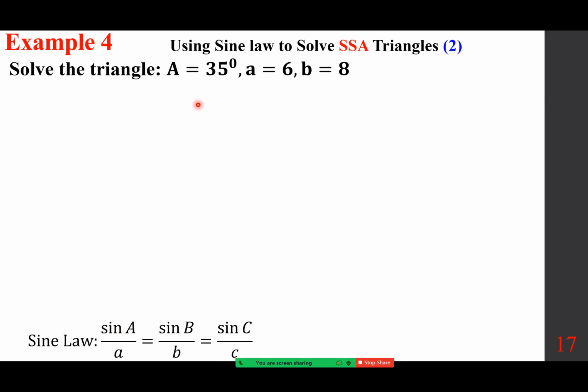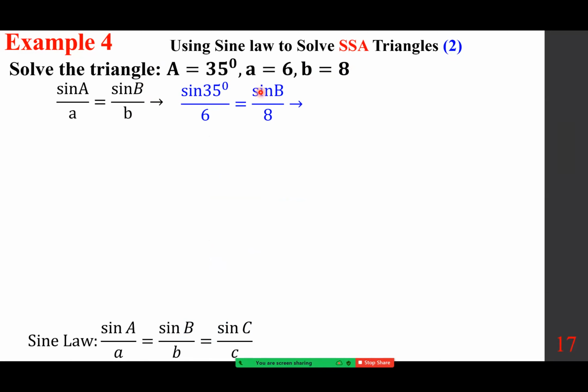Obviously, this part is given: sine A, meaning sine 35 over lowercase a, meaning 6. We are going to use this: this is lowercase b, so sine B, which is missing, over lowercase b, which is 8. We're going to use that because everything is known except capital B.